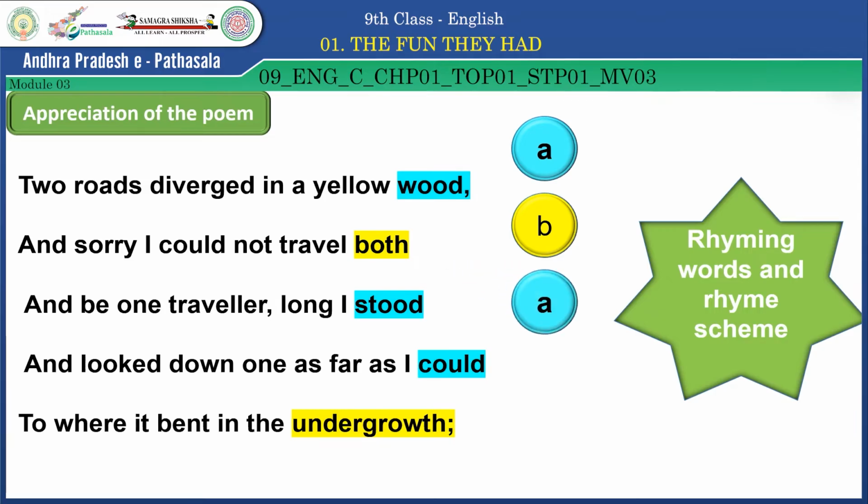And the next word could also rhymes with A, that means would. And the last word undergrowth rhymes with both, so let's give this word a B. So the rhyme scheme for this stanza is A, B, A, A, B.